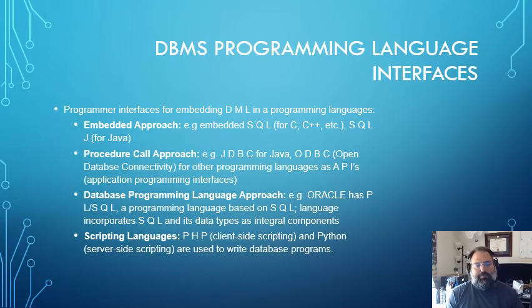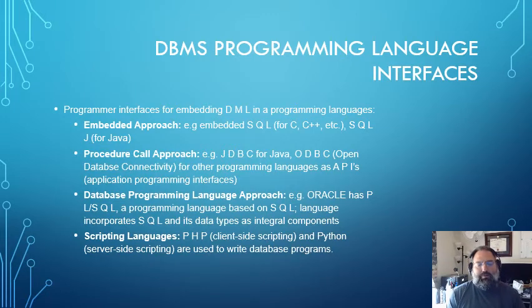Programmer interfaces for embedding DML in programming languages. Embedded approaches, for example, embedding SQL for C or C++, SQL for Java. Procedural call approaches using something like JDBC for Java, ODBC for other programming languages, such as APIs.